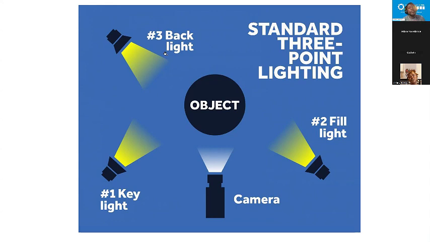So you can use 3-point lighting, 2-point lighting, 1-point lighting, depending on how many lights you can get your hands on. And of course, you almost always have natural light that you can depend on to be one of your lights, and just fill out the rest.